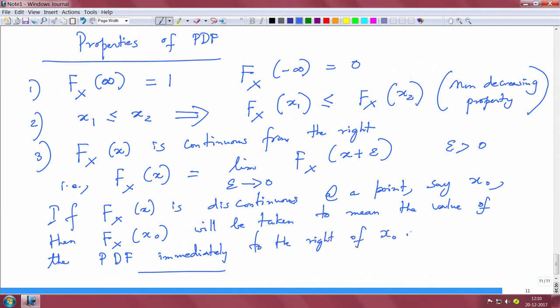So, if at that point x naught it is discontinuous, then you will consider the value of the probability distribution function immediately to the right of the point x naught, and that is why we have the right continuous property here.